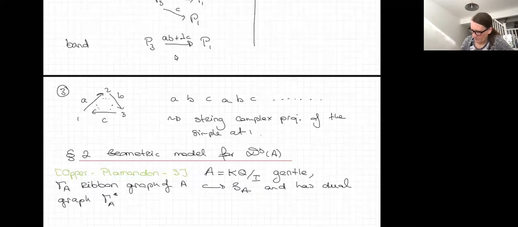And remember, I should have written this in red. I will consistently write this dual graph in red. Okay, so this is the input data.